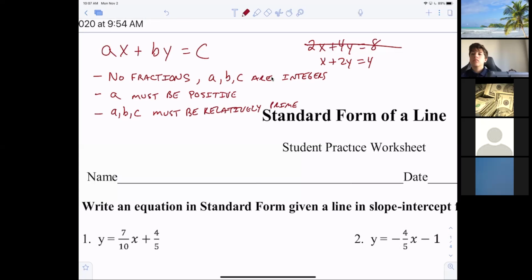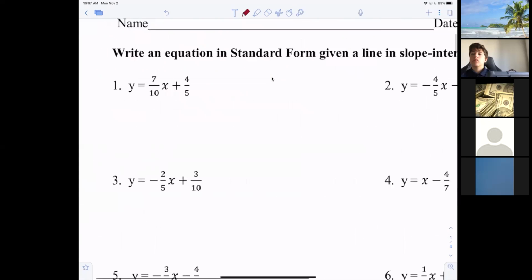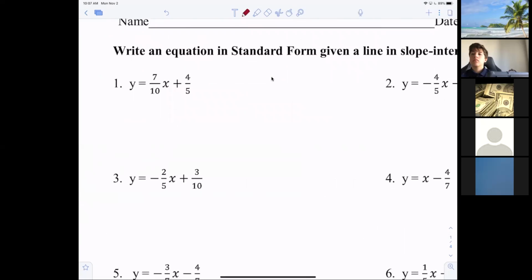All right, so now we're going to knock out number 1. For question number 1, this is written in slope intercept form and we're going to convert it over to standard. To convert it to standard form, the first thing is you're not allowed to have fractions.